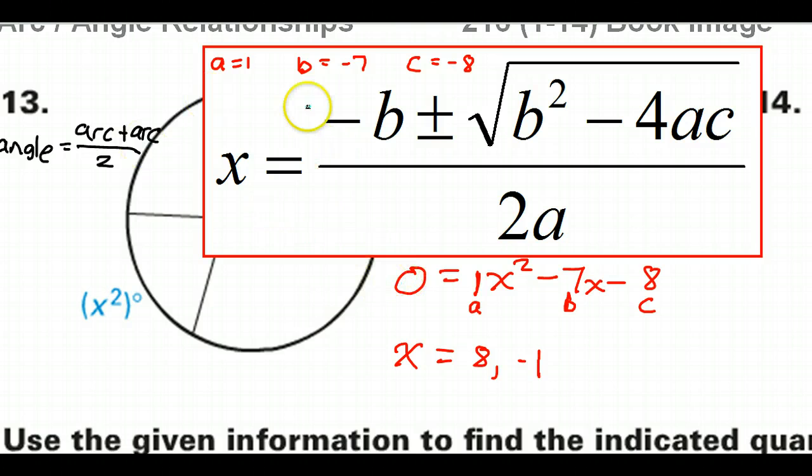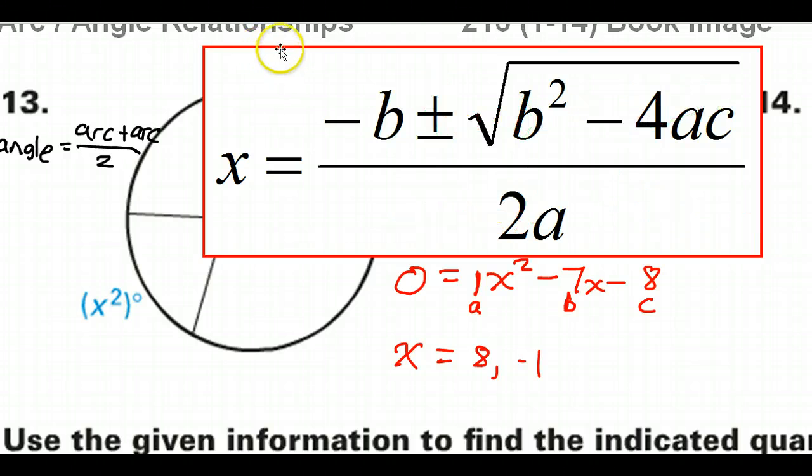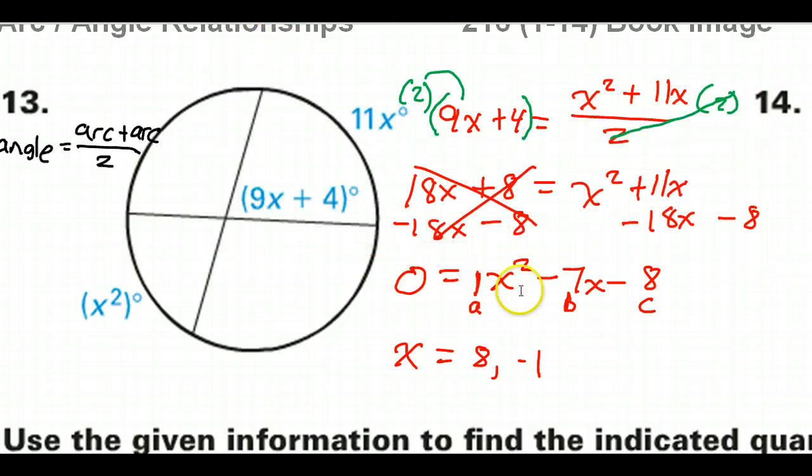So now I just need to check and see if both of these solutions are valid. So let's erase all this extra stuff for a second. And let's delete this. Okay, so this was the original problem. If x is 8, then that makes this 64, because that would be x squared. So this would be 64 degrees. So far, so good.